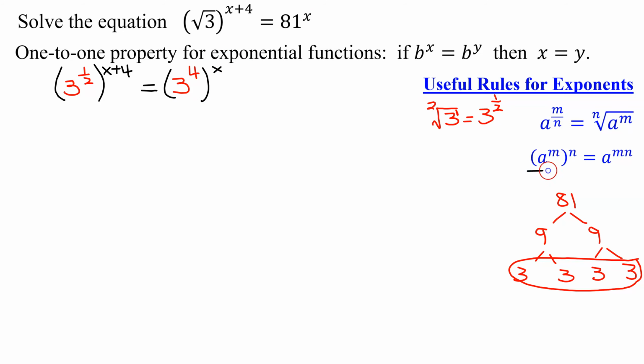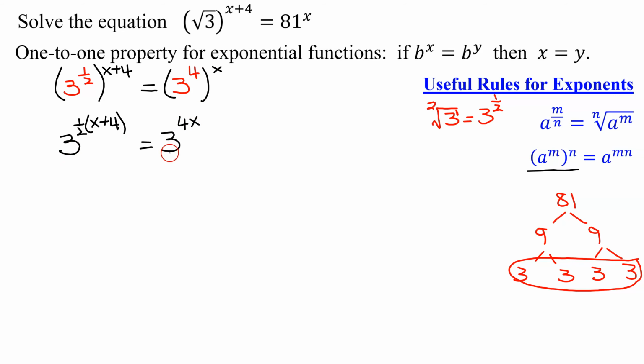Now I'm going to use the power rule that says a raised to the m, all raised to the n, equals a raised to the m times n. So in my case, I'm going to get 3 raised to the 1/2 times x plus 4 equals 3 raised to the 4 times x, which is just 4x.